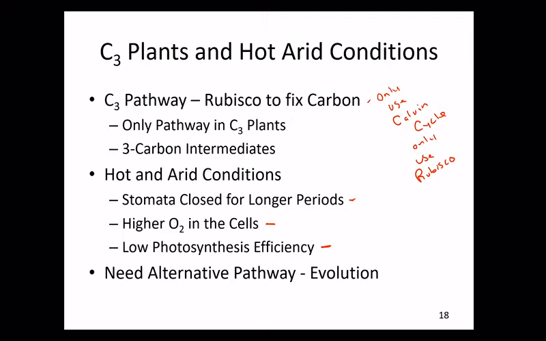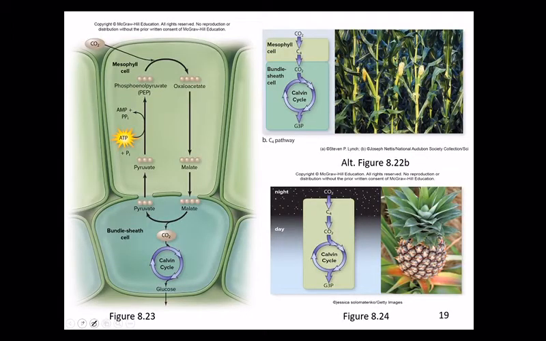So evolution steps in at this point and says, we need a way to overcome this. Plants have evolved 2 different mechanisms by which they've overcome this. These are known as the C4 pathway and the CAM pathway. The bottom one on this slide is the CAM pathway. I'm going to describe it this way so that you can see what happens.